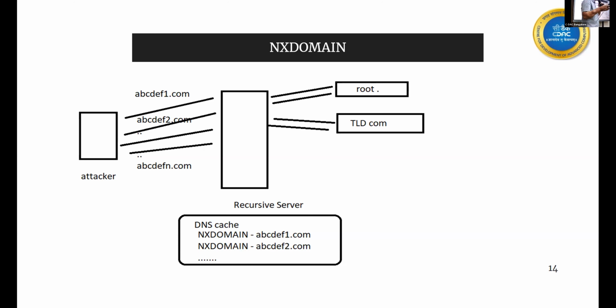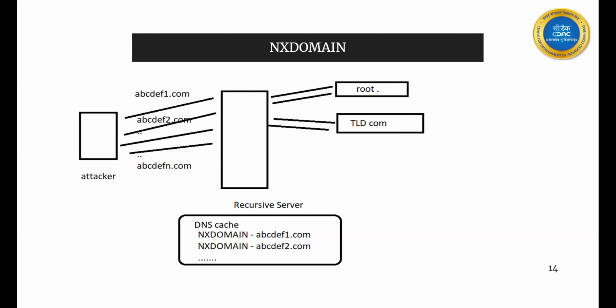Once it is occupied, caching will not happen. The DNS server may malfunction or it will be responding too slowly. So this is a kind of DoS, denial of service attack on the DNS server, using something called the NX domain attack. So I hope this is clear to you all.